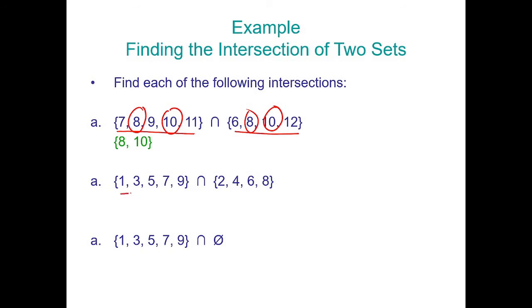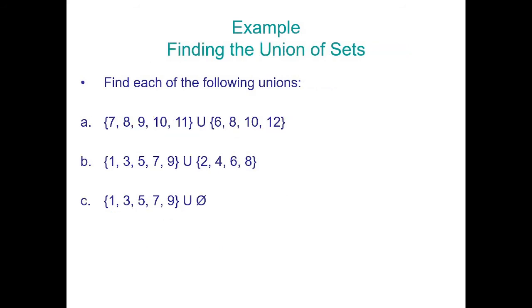This one, what is common between these two? None. So what you write is null, very good. Or you can also use this symbol, empty, null or empty. What about this one? Nothing, sir. Empty is also our answer. Empty or null.